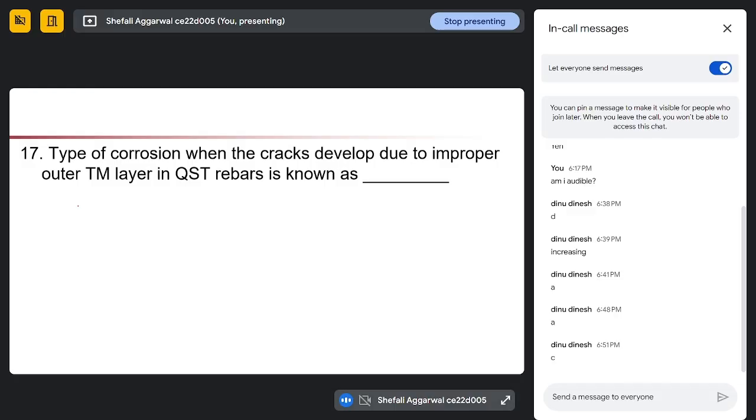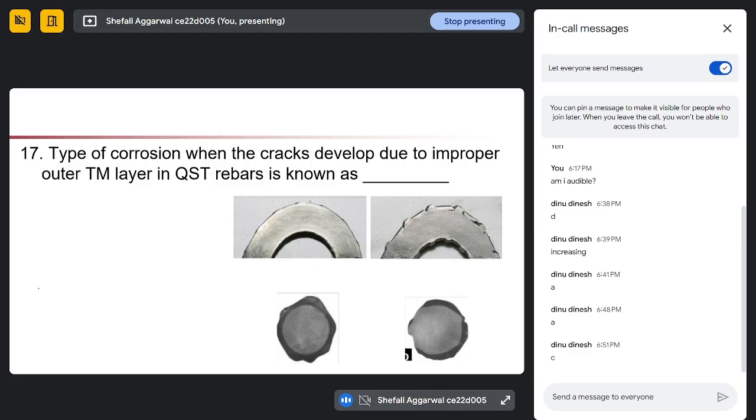So the next question is: the type of corrosion when cracks develop due to the improper outer and inside layer of TMT rebar is called as. You might have seen this figure in the lecture. If there is no proper TMT ring forming, when we are bending a rebar, a crack forms and there is a chance of corrosion at this point.